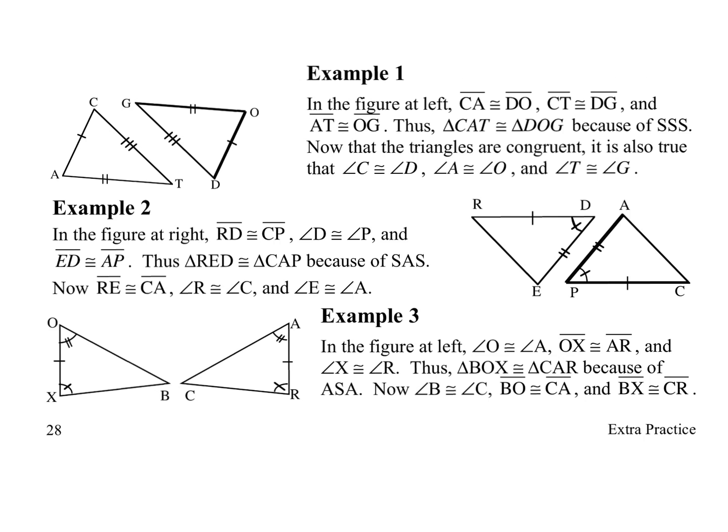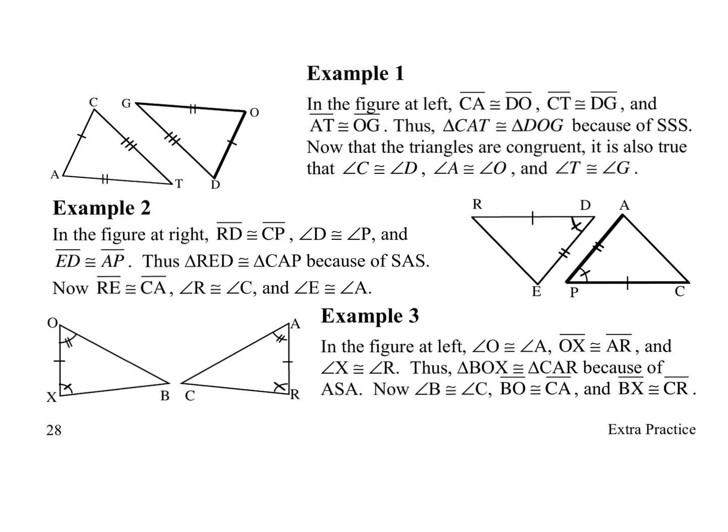For our first example, we'll look at the figure to the left right here. It tells us that CA is congruent to DO, and we can tell because of that one tick mark on both of them.